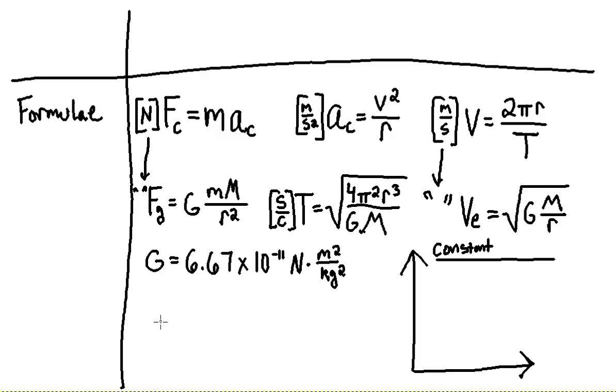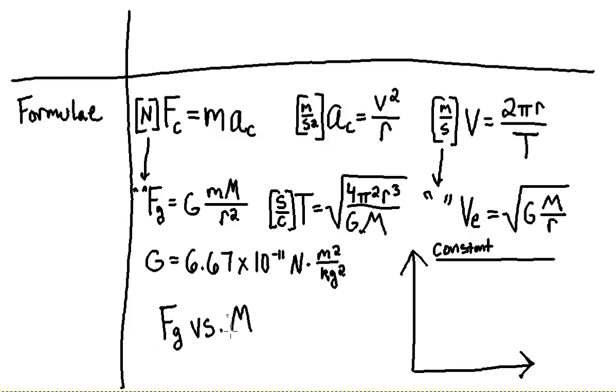The next possible relationship that you could be accountable for is how the force of gravity is affected by the mass of the objects. If I make gravity stronger, the mass of the objects doesn't change.